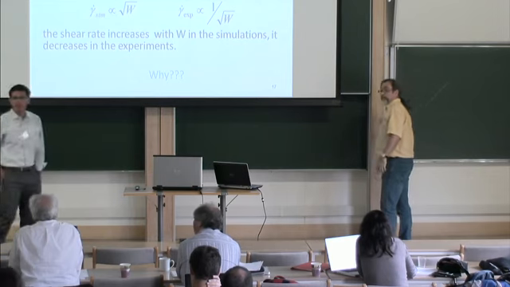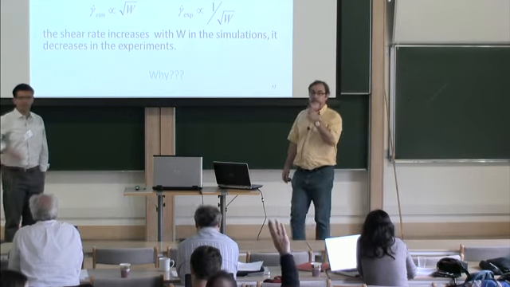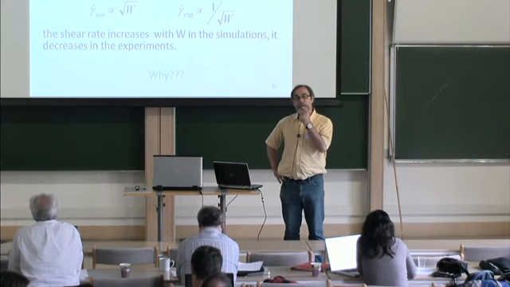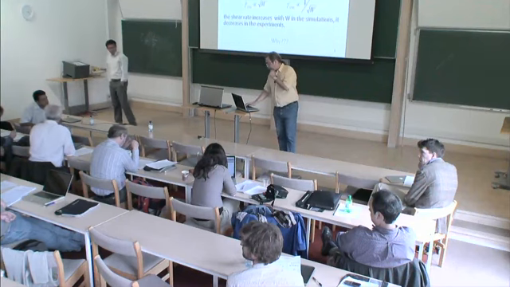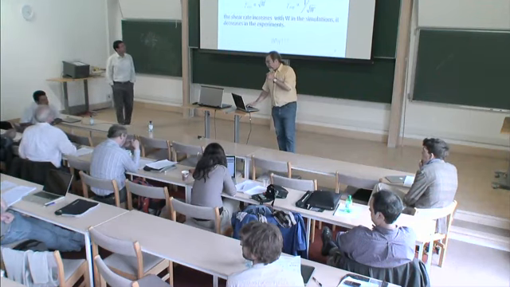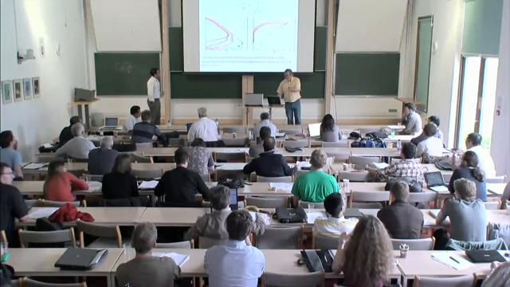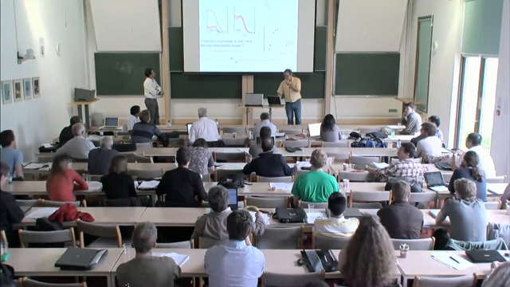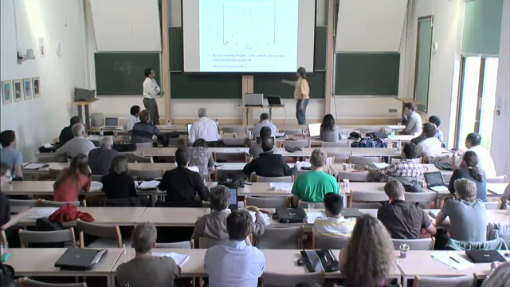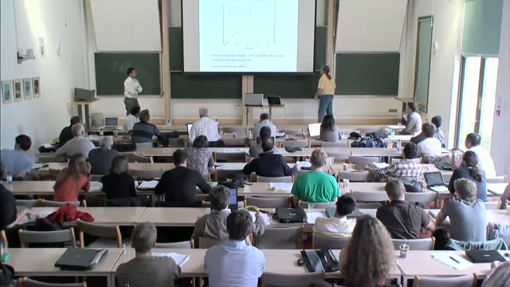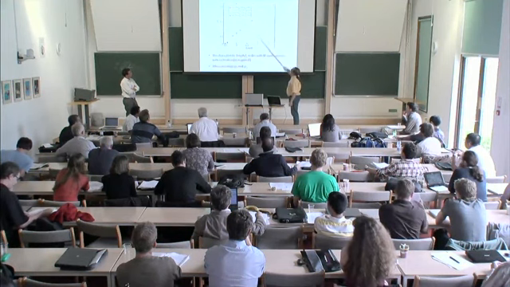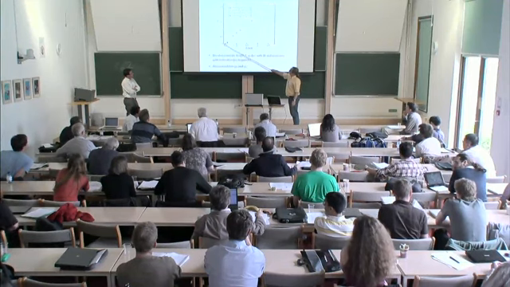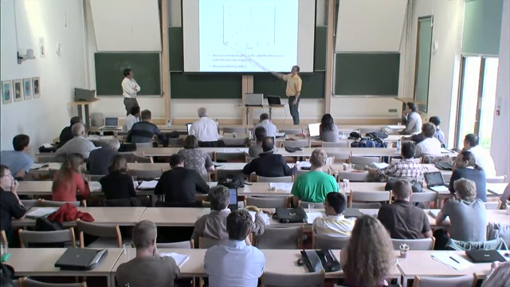Yes. I didn't understand how you measure mu I, the internal friction coefficient, or where. It depends. In this case, we measure it by drawing a straight line and taking the value at the intercept.